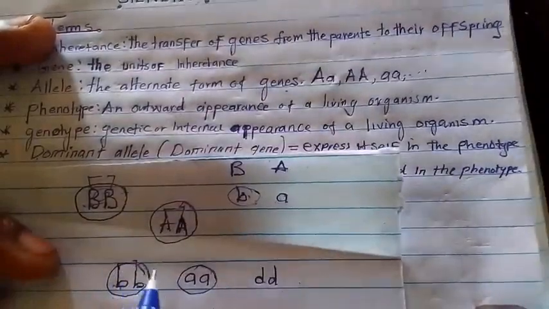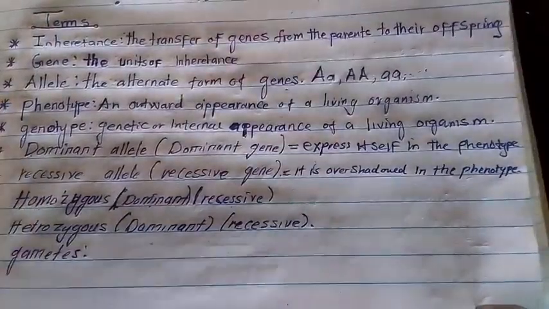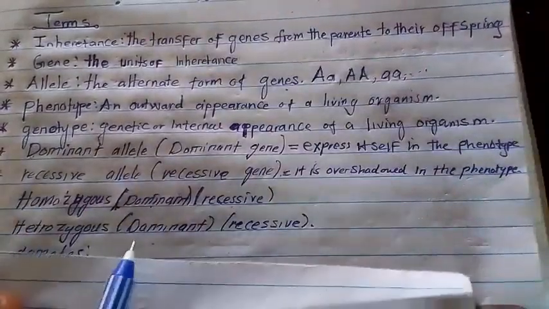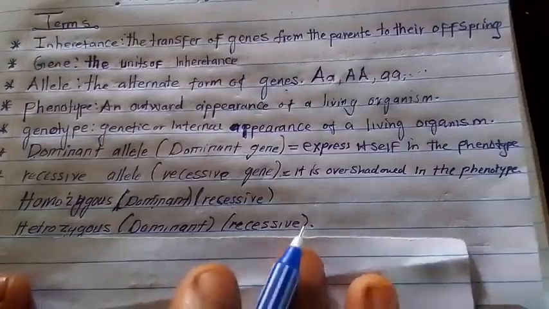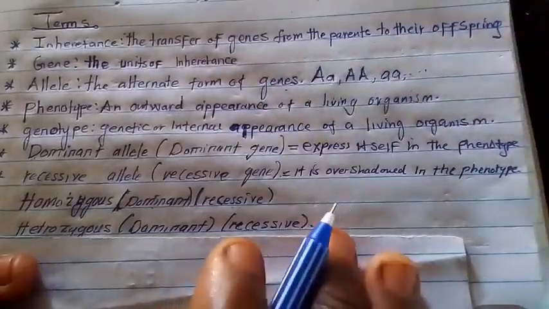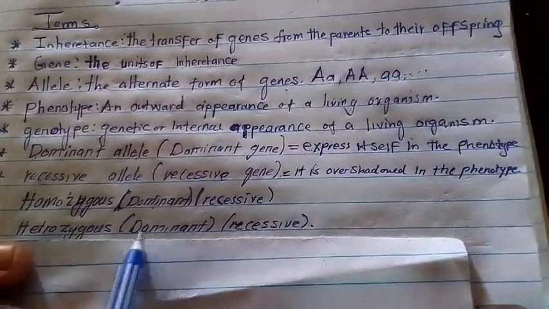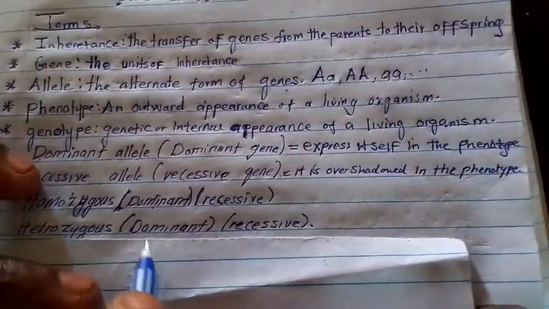So let's come to heterozygous. Let me start with heterozygous dominant. When you say hetero, which means different, okay? Hetero means different. Now, dominant, which means you are going to have, remember, a dominant gene is represented by what? Capital letters.